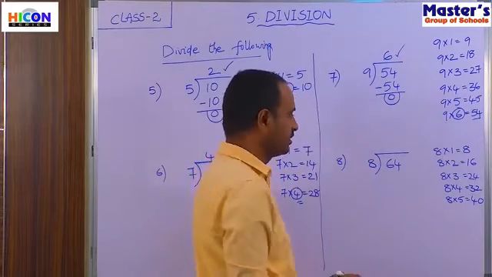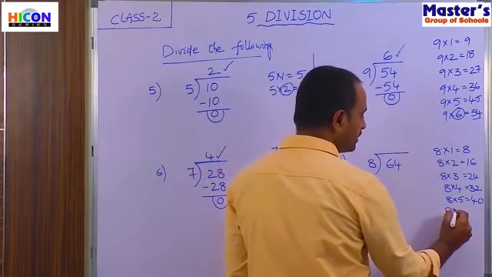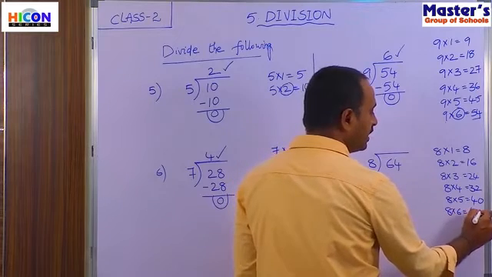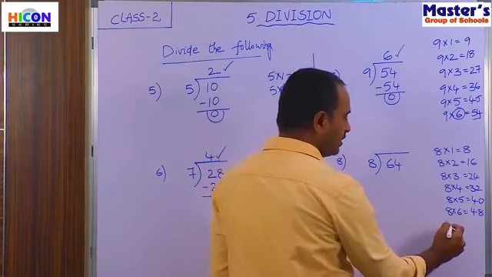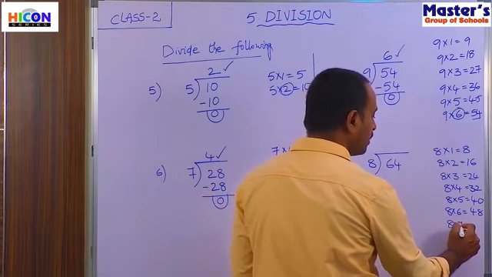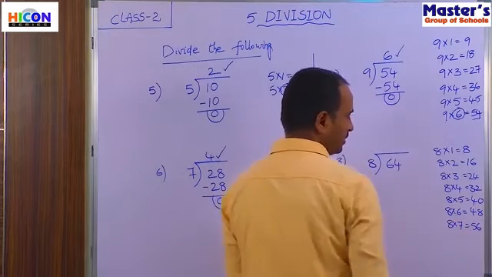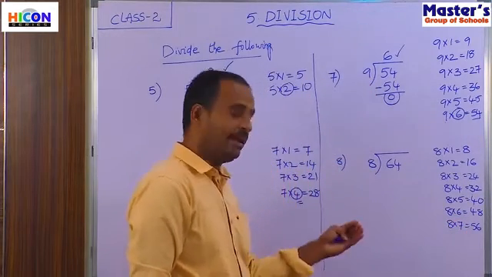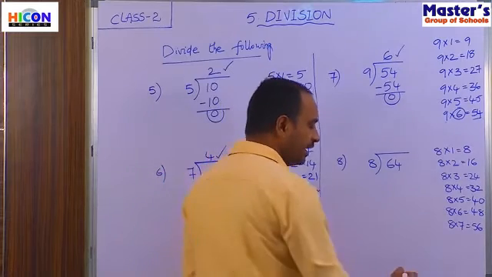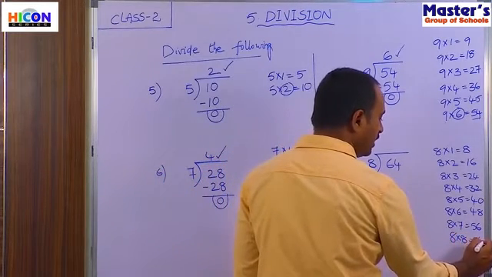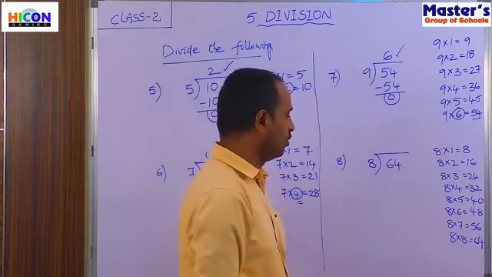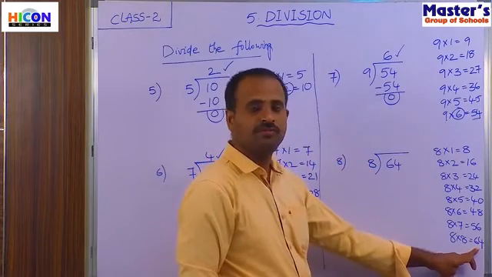Next take 6 times. 8 sixes are 48. Now take 7 times. 8 sevens are 56. And now take 8 times. 8 eights are 64. Yes, now we have got the number 64.